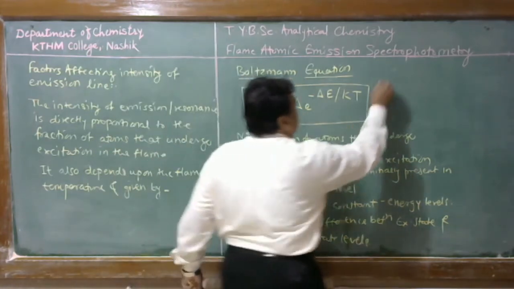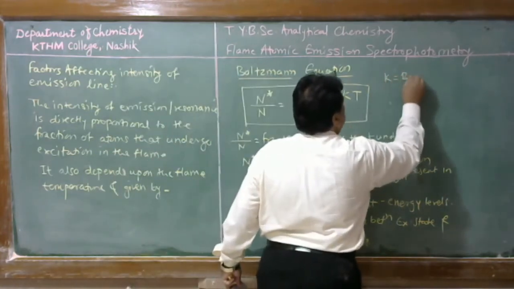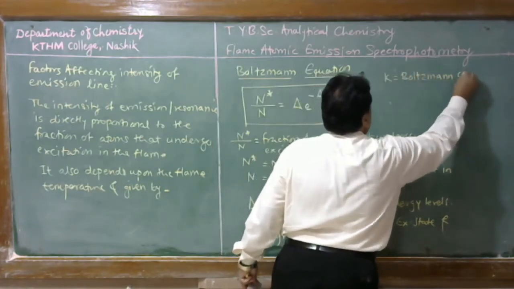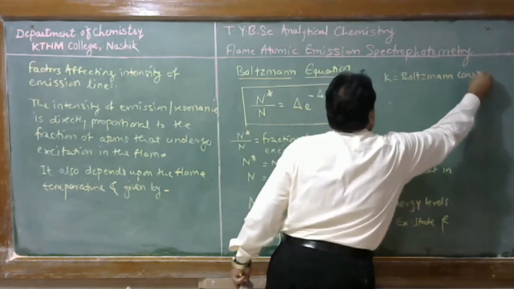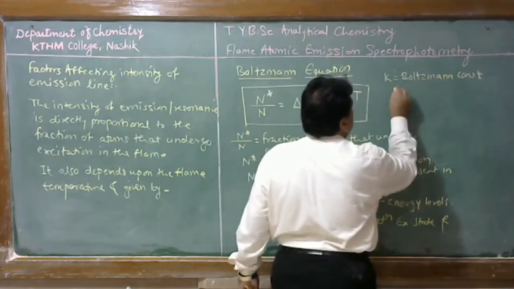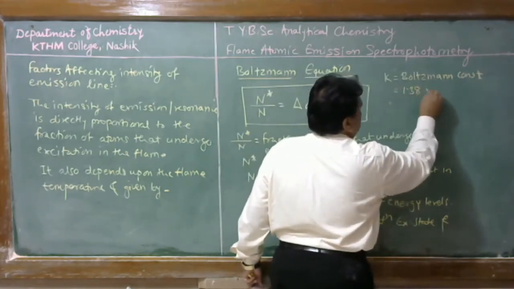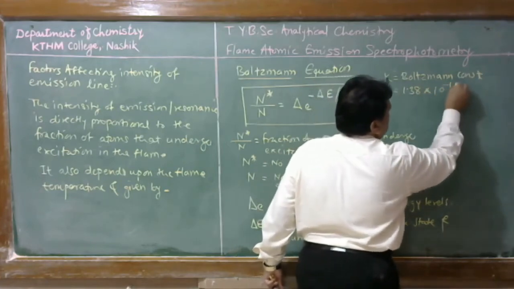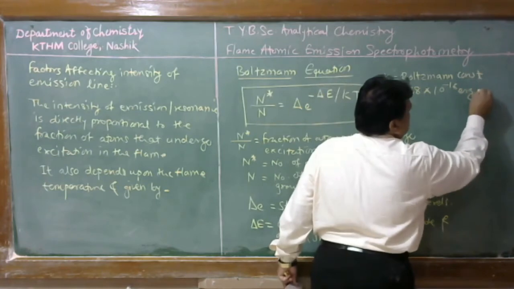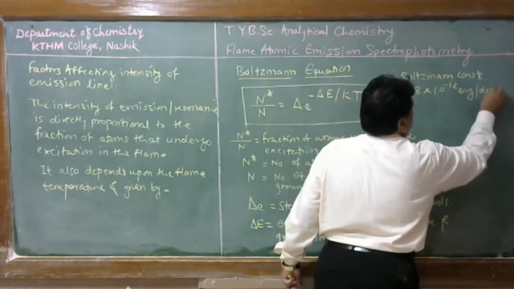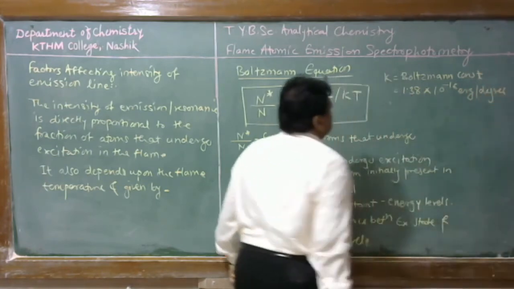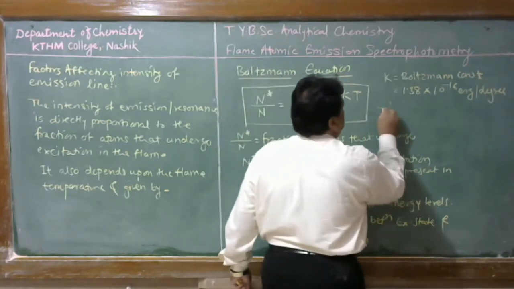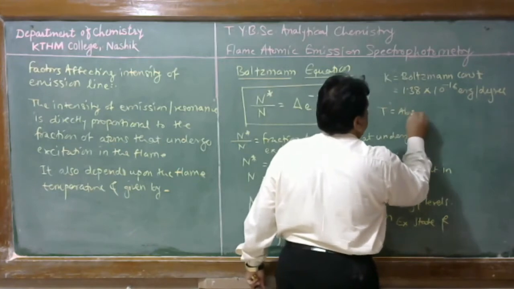Here K is called Boltzmann's constant, and its value is equal to 1.38 into 10 raised to minus 16 ergs per degree, and T is the absolute temperature in Kelvin.